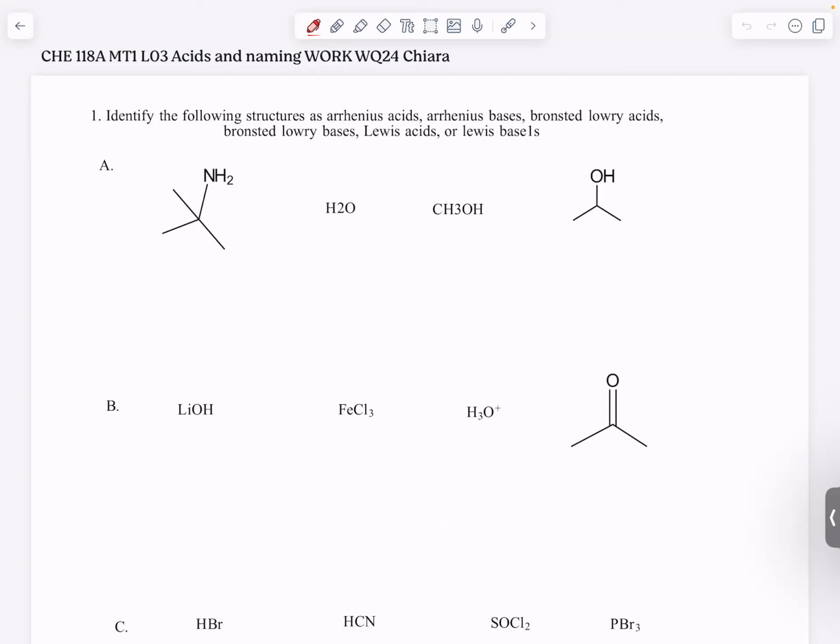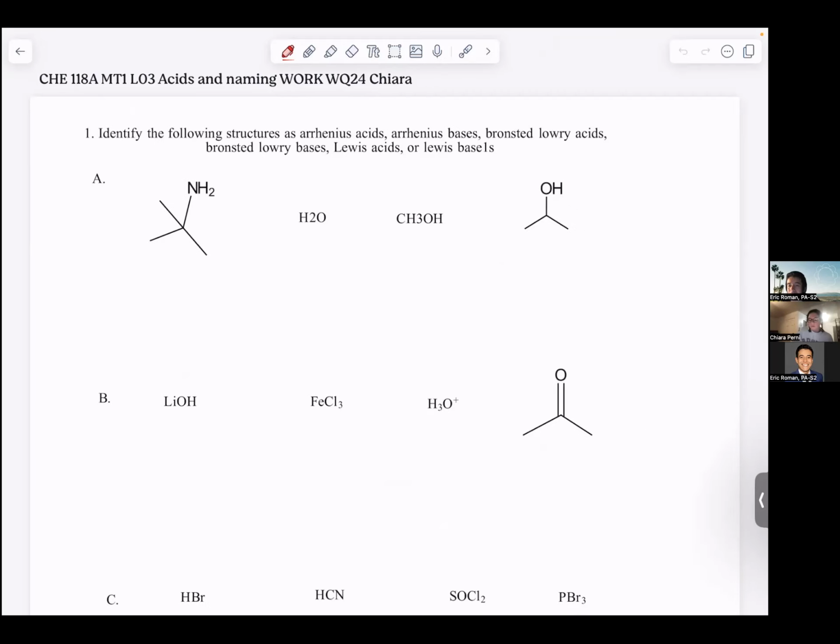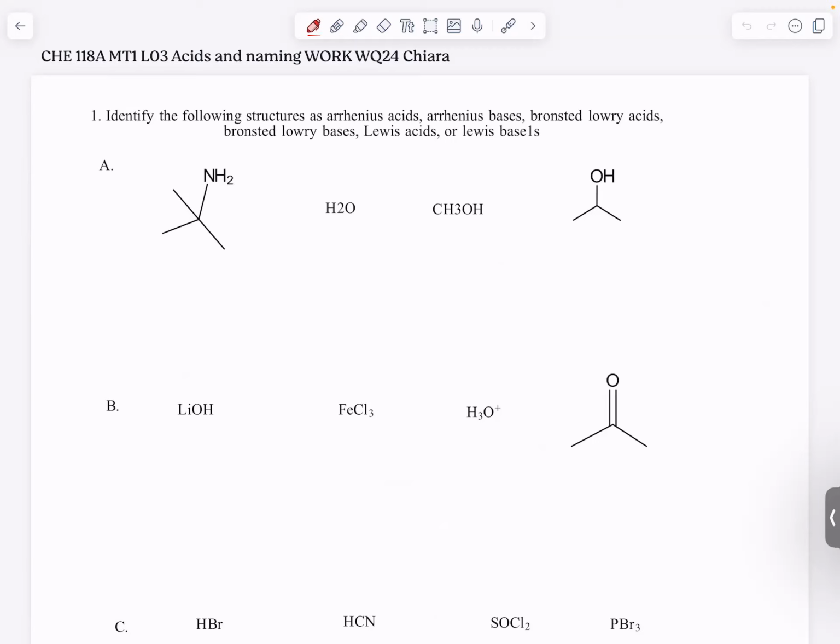When talking about Lewis acids, we're talking about electrons strictly. So in a Lewis acid, there's an electron deficiency. And she likes the term empty orbital, which is one and the same.